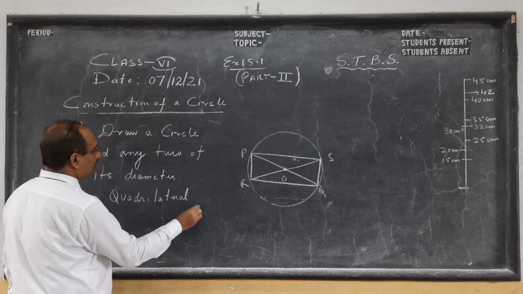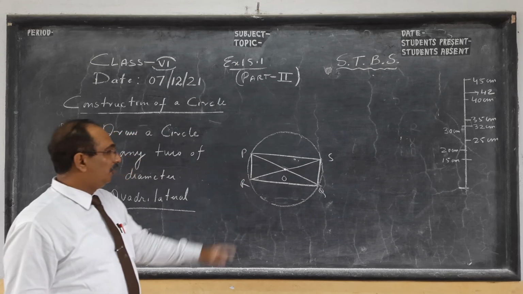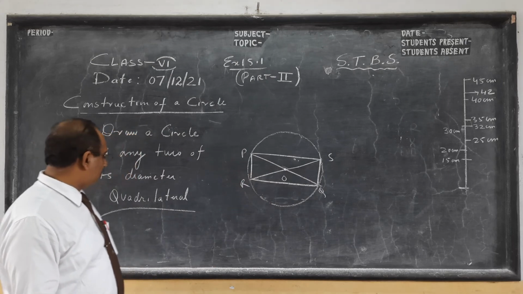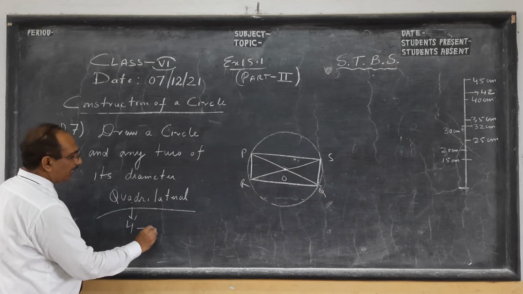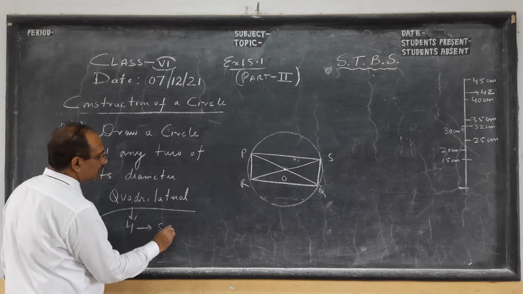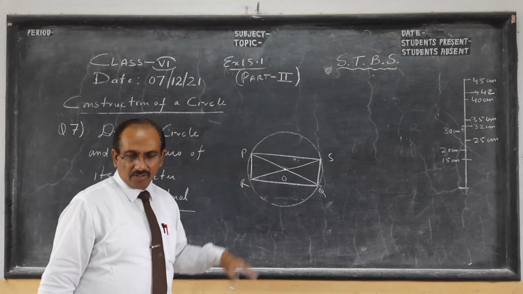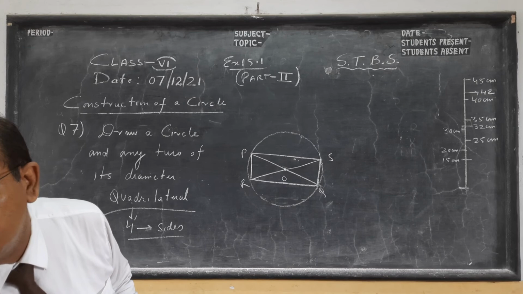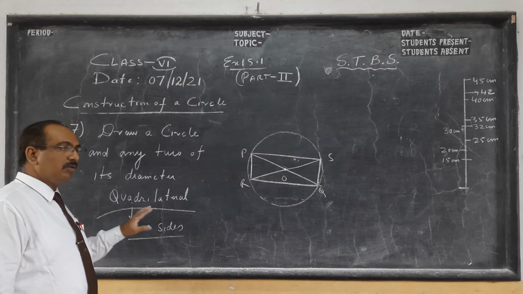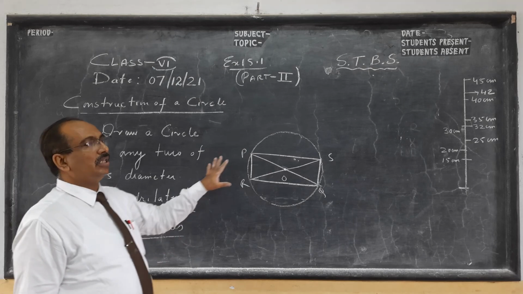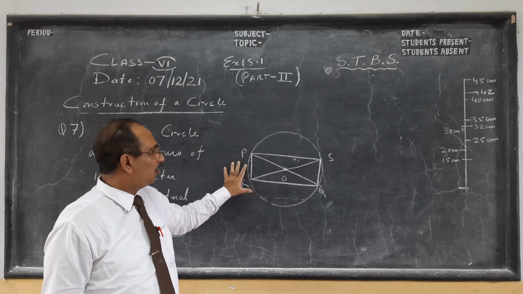Name the figure obtained by joining the four ends of the diameters. Quadri means four, and lateral means side. So like a triangle has three sides, here if we join the end points of the two diameters, we get a quadrilateral, meaning a four-sided figure. There are many types of quadrilateral: square, rectangle, rhombus, trapezium, all of which you will see.